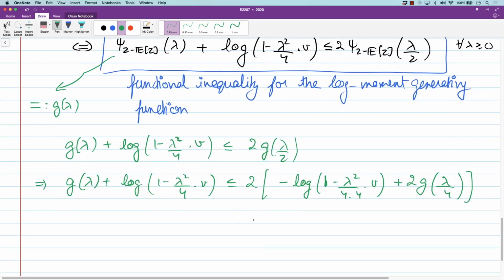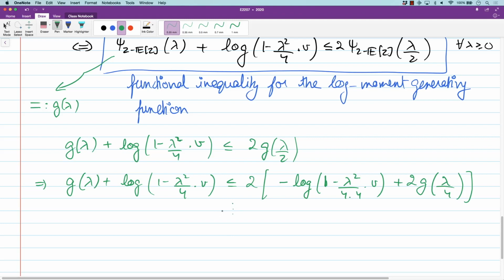And then you can apply it again. Every time you apply this inequality, you get an extra factor of 2 with the log term, and you get an extra lambda by 2 here and this extra factor of 2 outside.